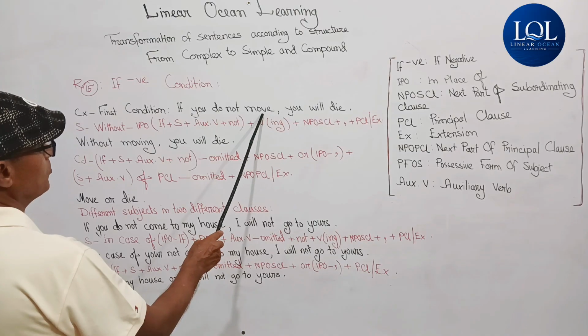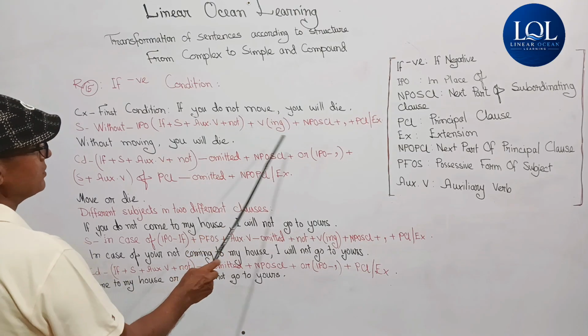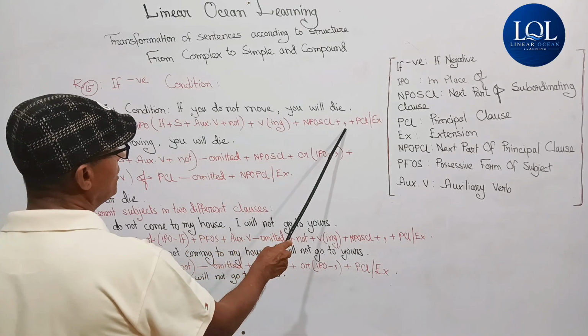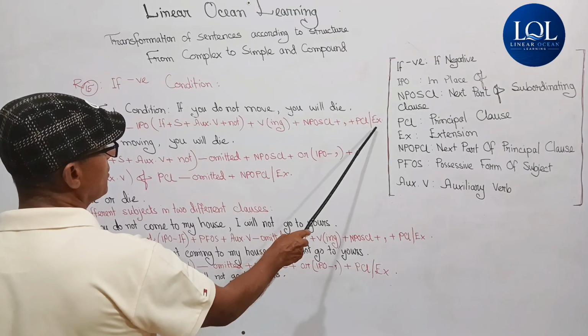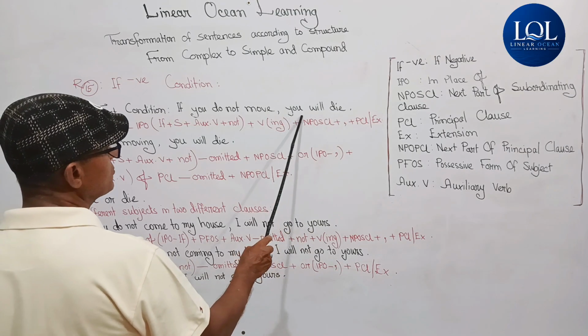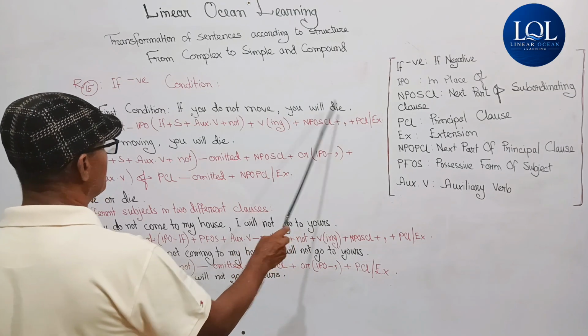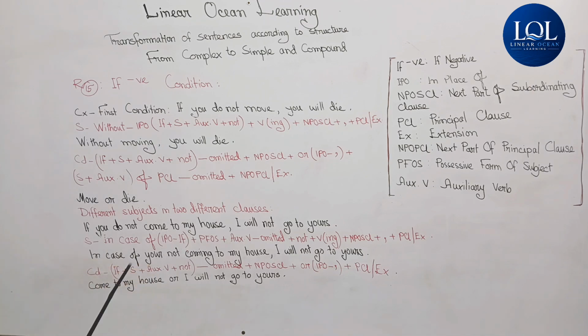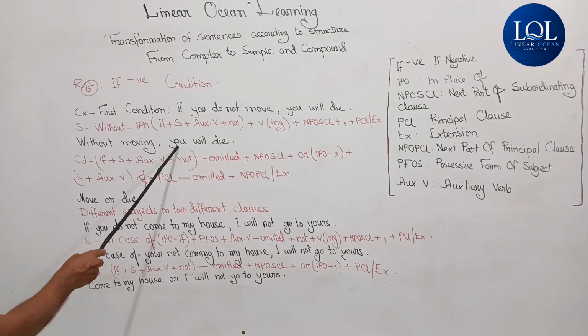After that there is the comma, then principal clause or extension. The principal clause is you will die. If we follow the structure, the simple sentence we are getting is, without moving, you will die.